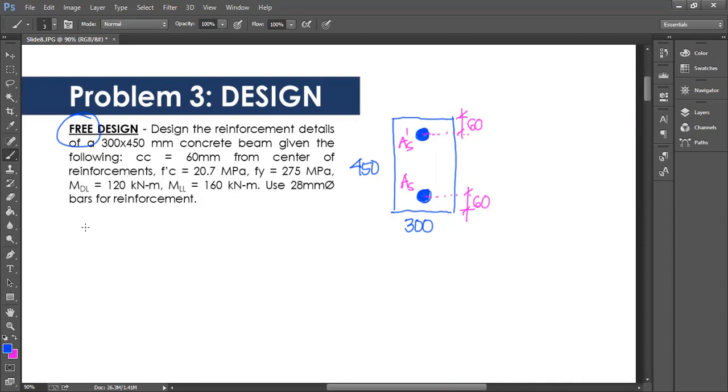Ngayon, dito sa case natin, alam natin na kapag design yung problem natin, as we have discussed earlier, kailangan yung ultimate moment due to applied load, MU, must be less than or equal to phi Mn, which is yung capacity natin.